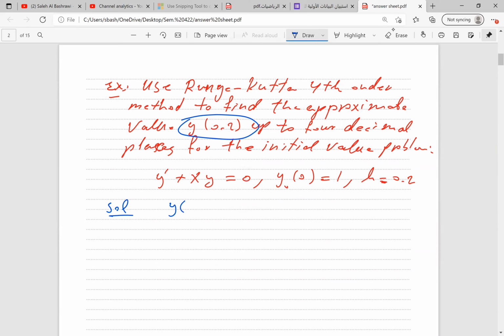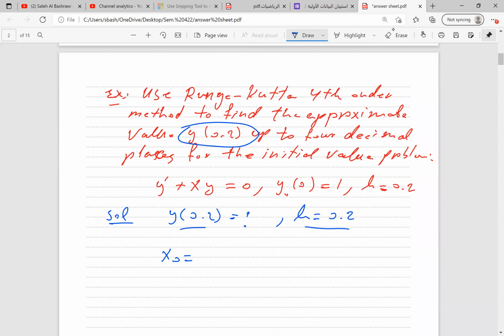We need to find y of 0.2, and given that h equals 0.2, there's a relation between h and what was given. We start with x sub 0, which is equal to 0, and y sub 0 equal to 1.